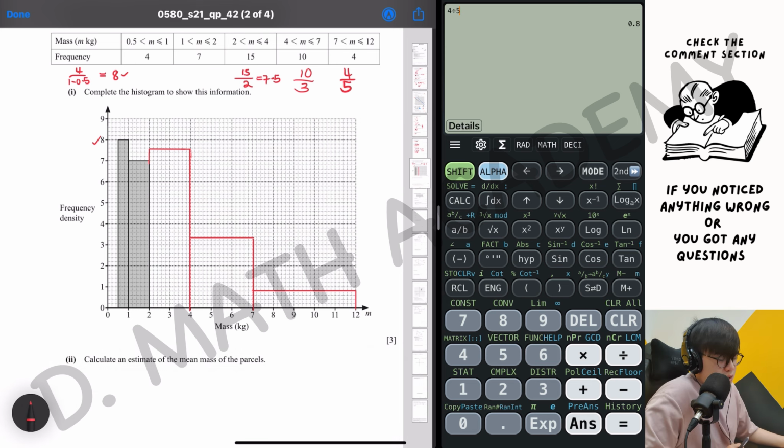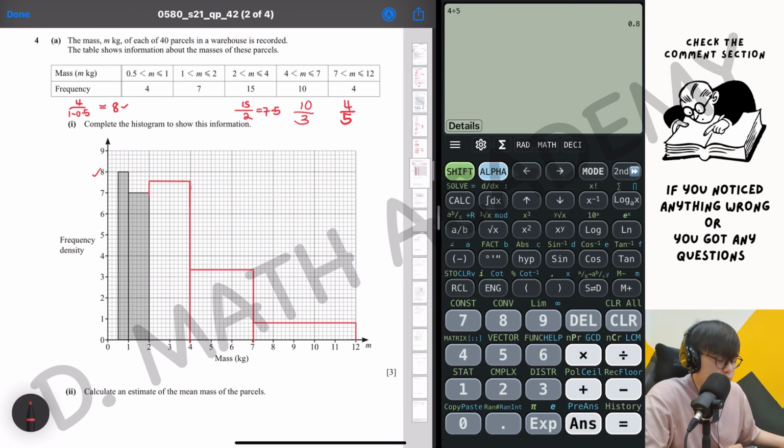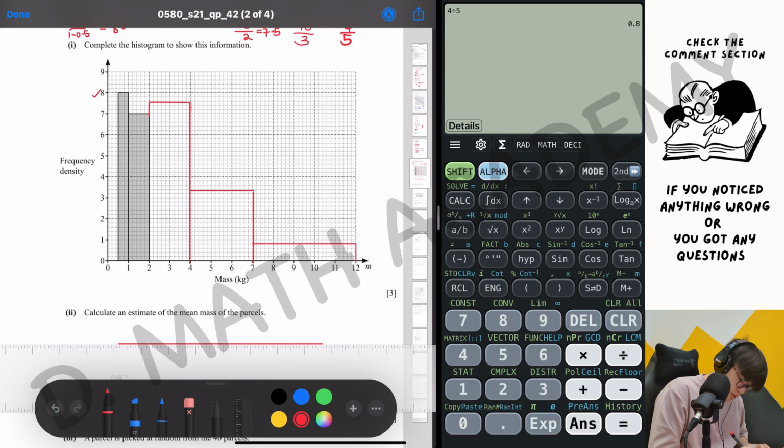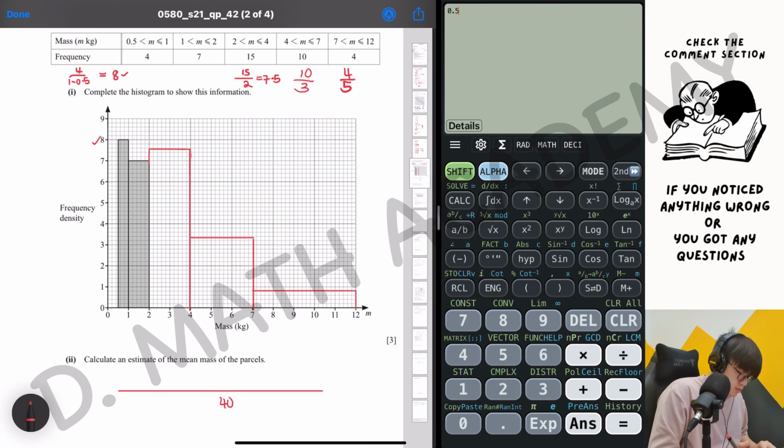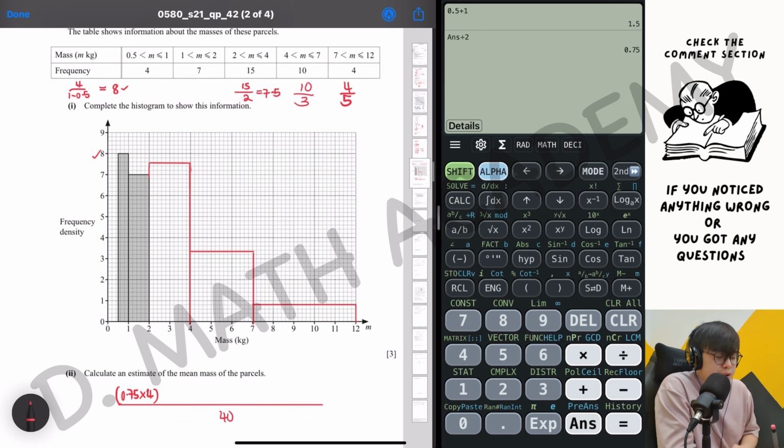To find the mean, you're required to first trace the midpoint and multiply with the frequency. Ultimately divide it by 40 because there's a total of 40 parcels. This 0.5 is actually a midpoint of here.